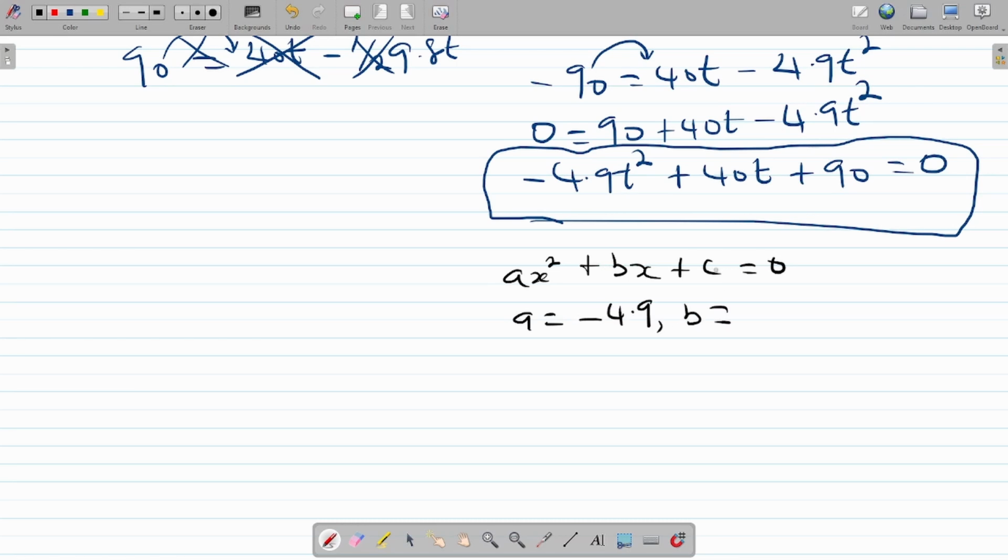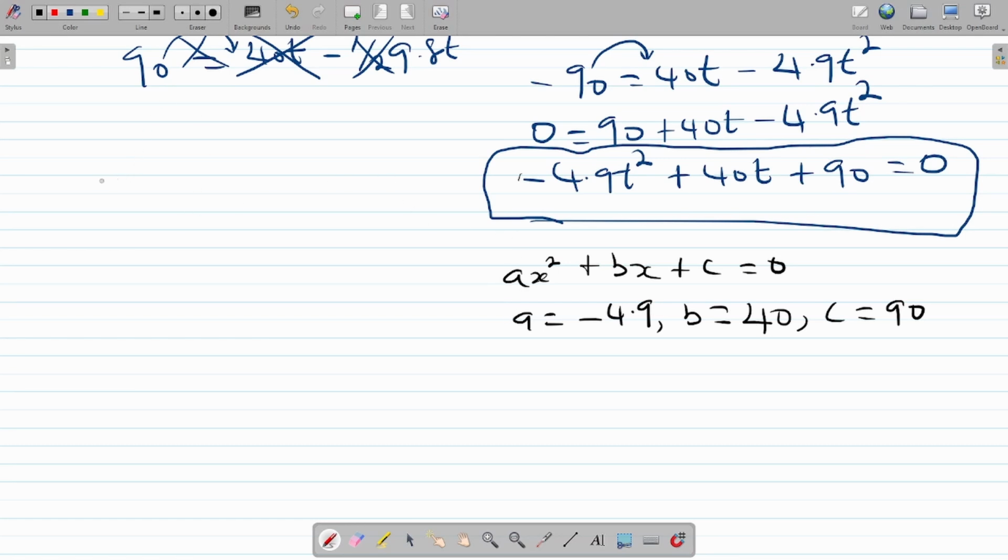Our b is equal to the number in front of the t, which is 40. And our c is a constant term, which is 90. It also depends on how you want to work it. You can choose to multiply everything here by negative 1 to remove this negative sign. That is if you want to complete the square. But if you want to use the quadratic formula, it's just okay.